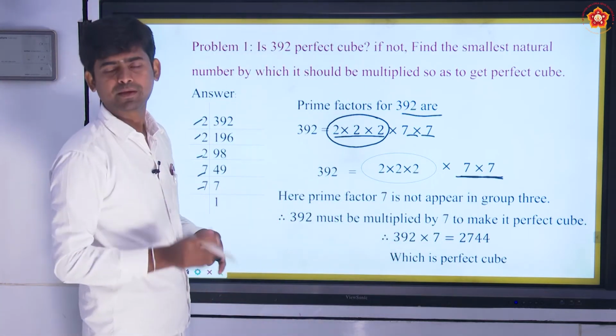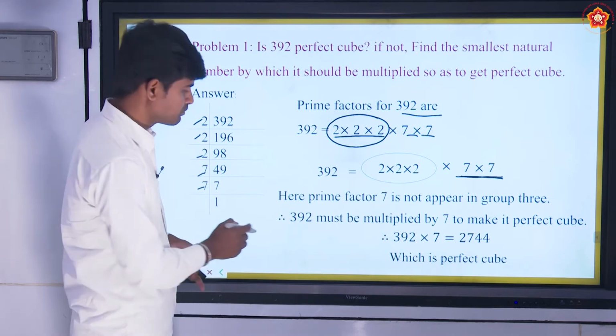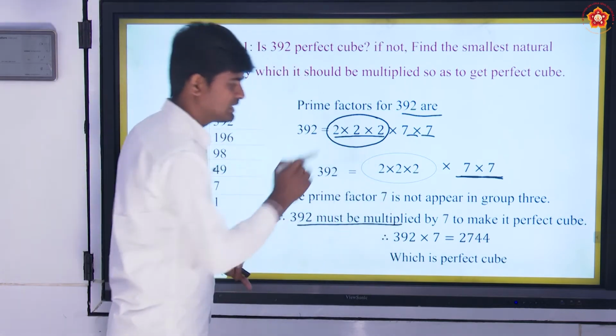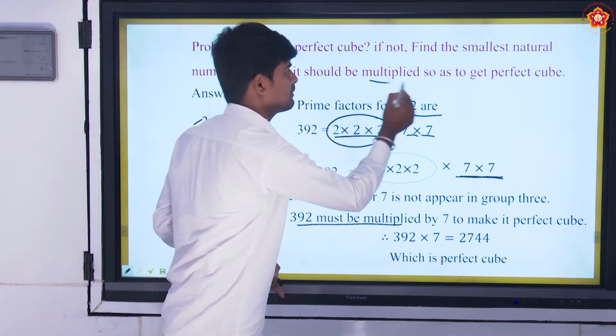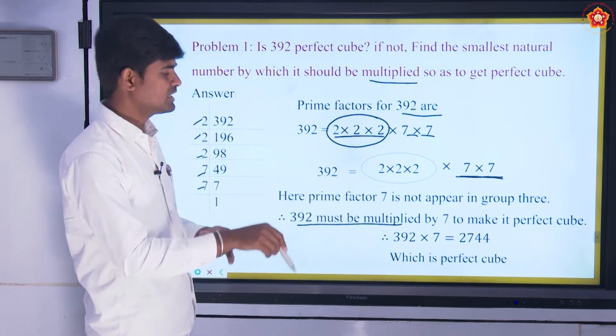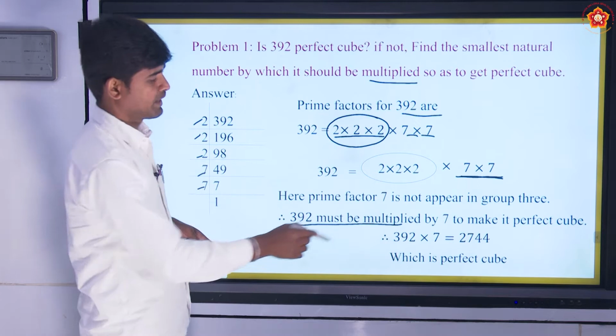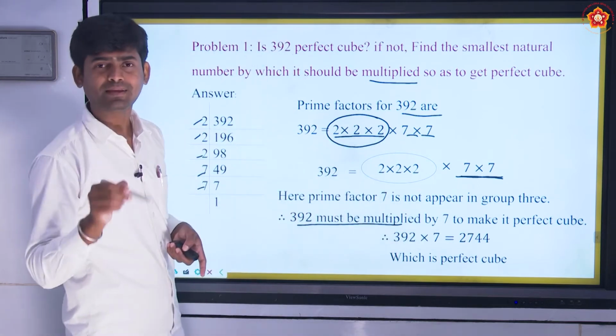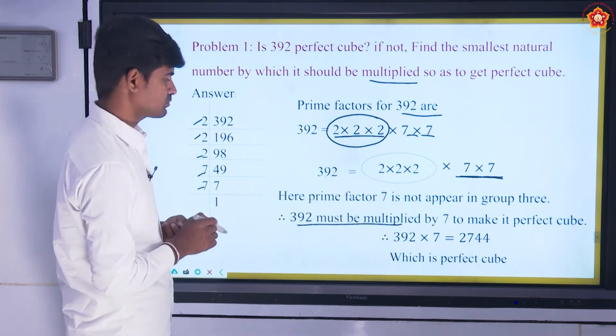So 392 must be multiplied by 7 to make it a perfect cube.